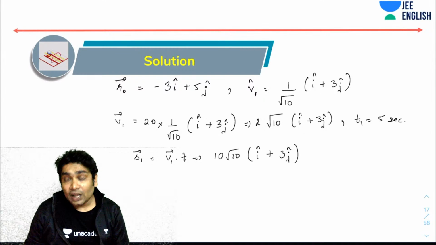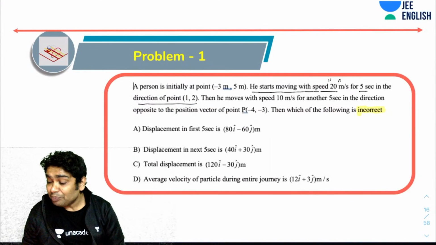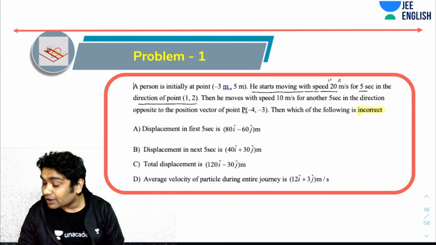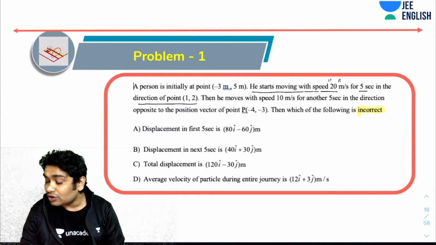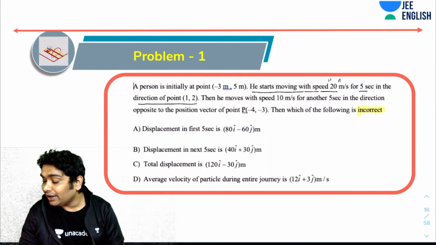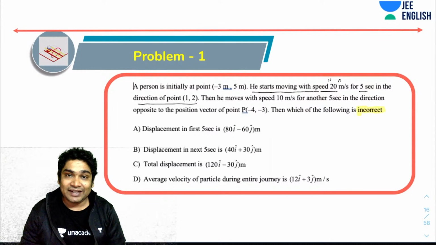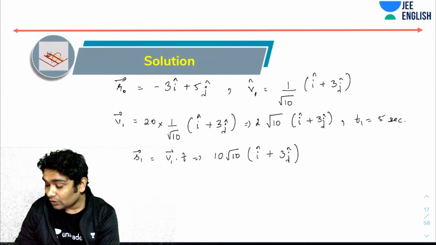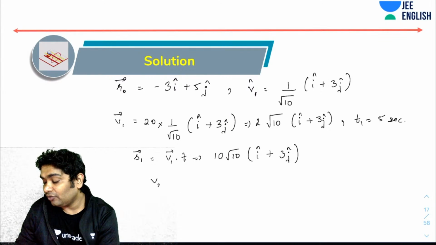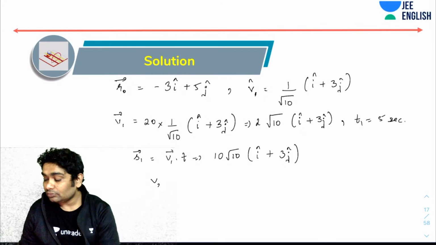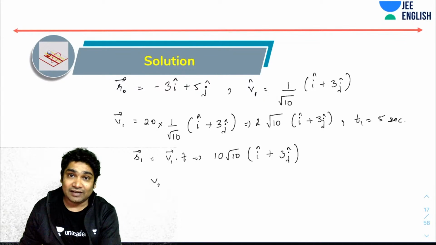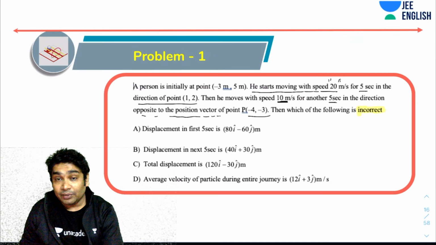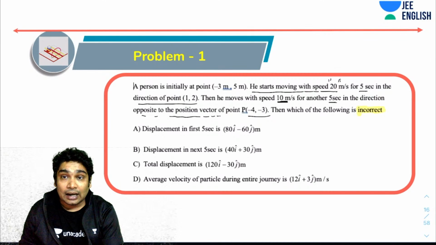Similarly, he moves with a speed of 10 meters per second for another 5 seconds in a direction opposite to the vector pointing in the direction of this. If the vector points opposite, the unit vector for velocity 2, v2 cap, would be 1 by 5 times (4 i cap + 3 j cap). The speed is 10 and the time is 5.